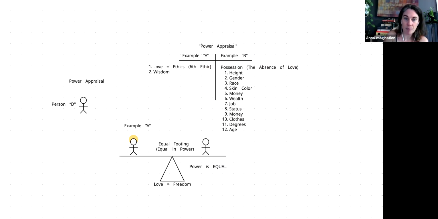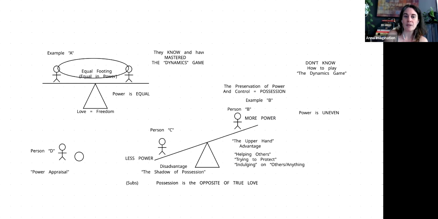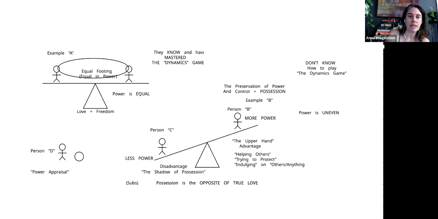This is the problem. This is what these people are doing. They are using this as a power appraisal. It's disgusting. It absolutely is disgusting. People who are in this group, disgust means a violation of one's ethics.